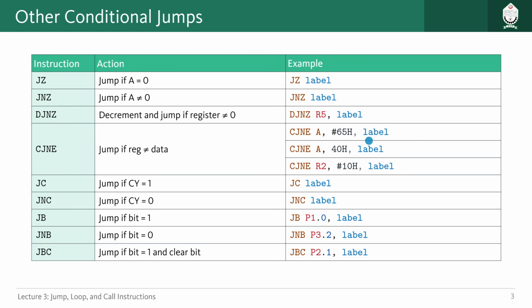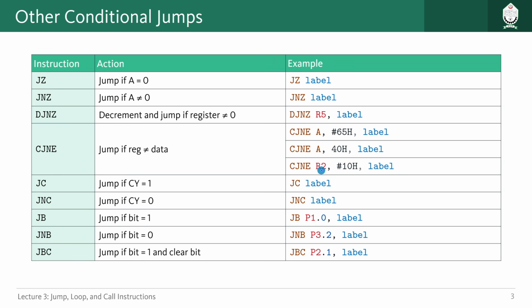For this type of instruction, we have three possible ways to write it. The first one, as you can see, uses register A and an immediate value with a hashtag. Another possibility is to compare register A with a particular RAM location, here RAM location 40H. And also we can use a register from R0 to R7 with an immediate value with a hashtag.